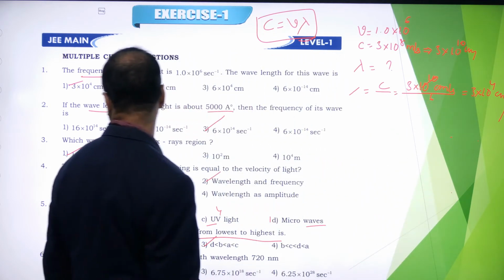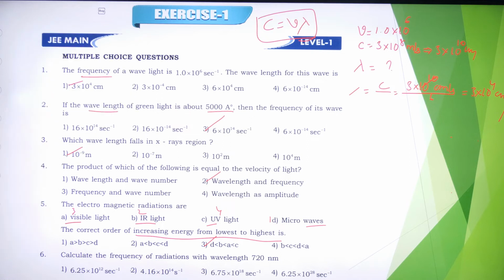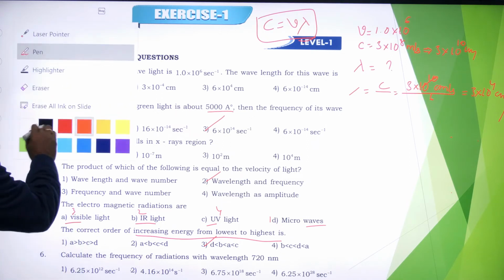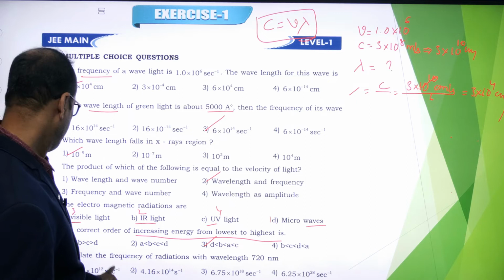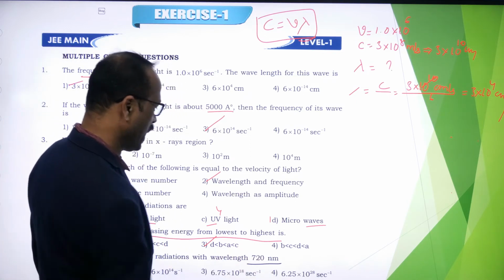Observe carefully. Once again, simple problems are there. I'll take the black color. So, see here, calculate the frequency of radiation whose wavelength is 720 nm.